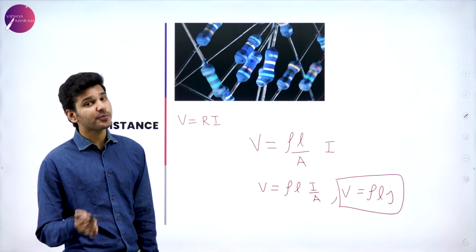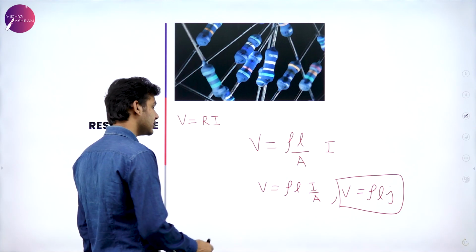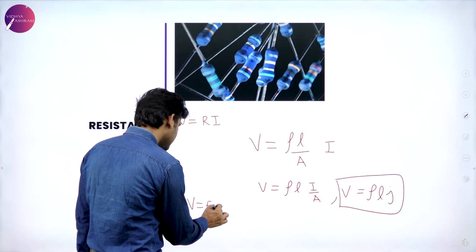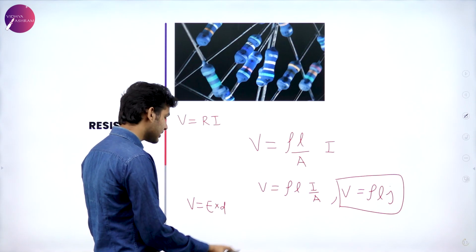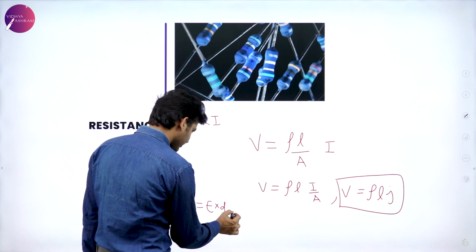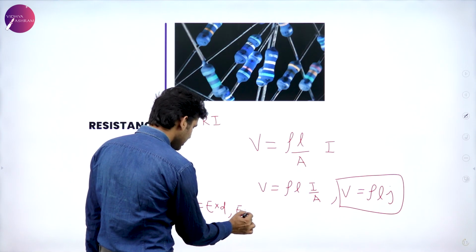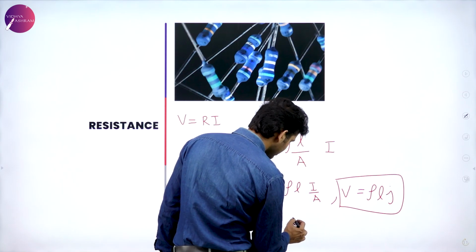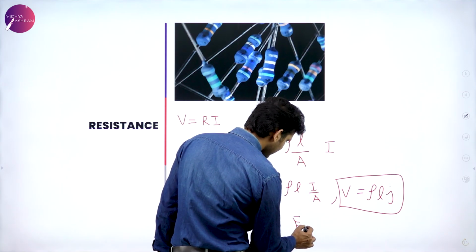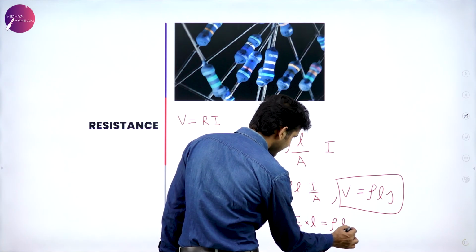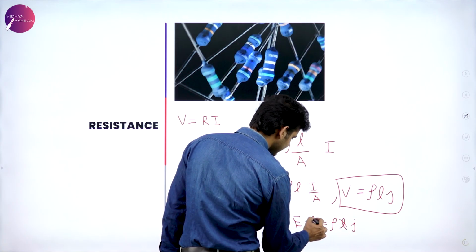And we are not stopping just there, because we know that V can be written as E into d, and in this particular case d is nothing but the length. That distance is the length. So we can write it as E into L. So instead of V, we are going to substitute E times L is equal to rho times L times J, in which L gets cancelled.